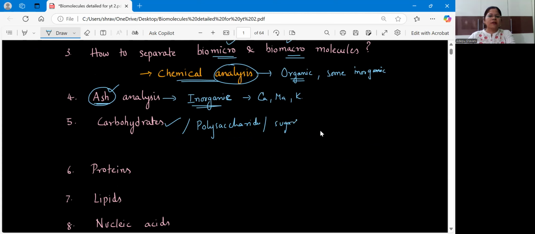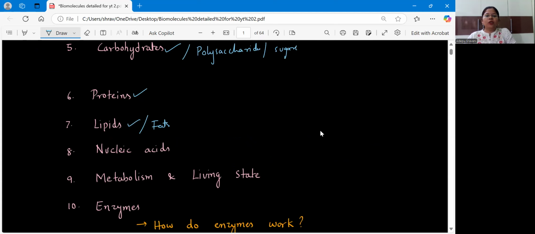Then we'll be talking about the proteins, lipids, which are nothing but the fats. And then the nucleic acids, which are nothing but DNA and RNA. Once we complete all the 4 biomolecules, that is carbohydrates, proteins, lipids, and nucleic acids, then we'll be talking about something called metabolism and living state, which is a very small topic.